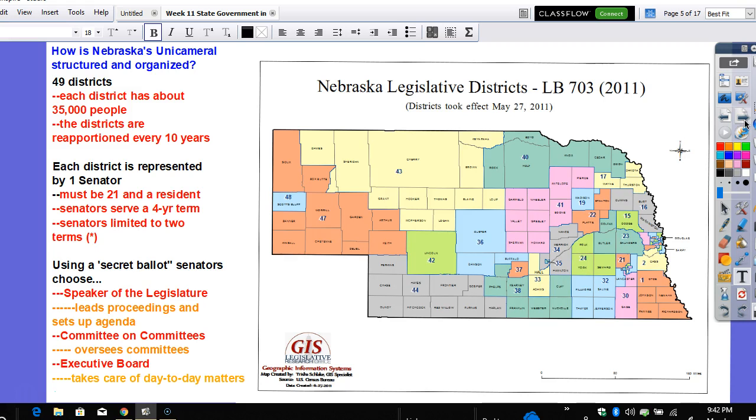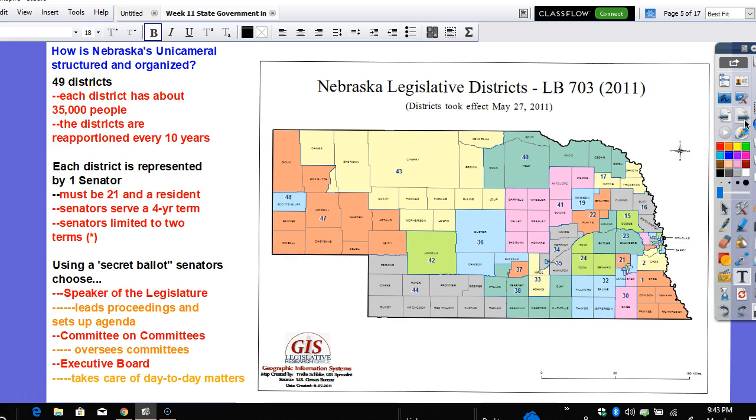I have a map here for you that shows you exactly where the 49 districts are. Those of you that live in Dodge County live in District 15. Those of you that live here in Saunders County live in District 23.